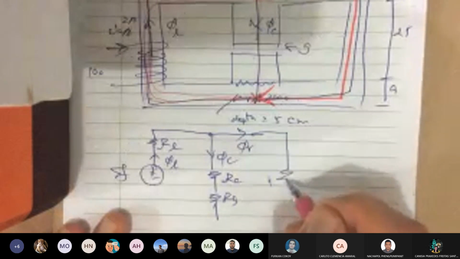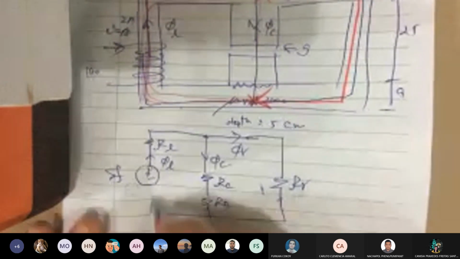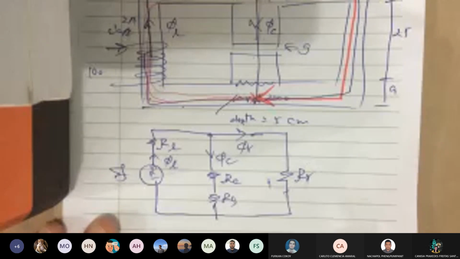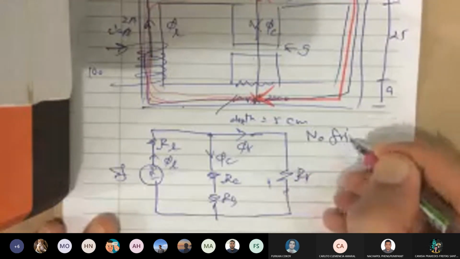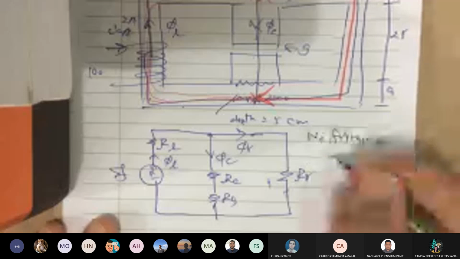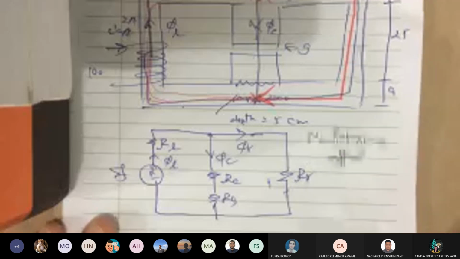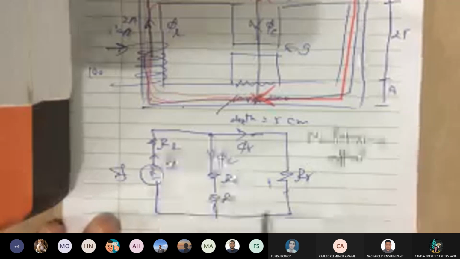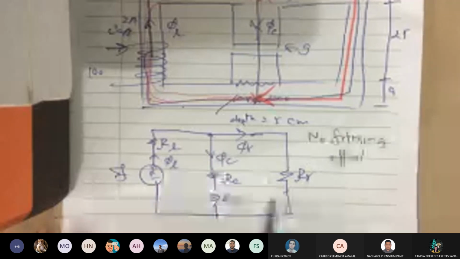Come down, and that completes the path. Okay, no fringing effect. So this is how you start, and then you will calculate each reluctance.